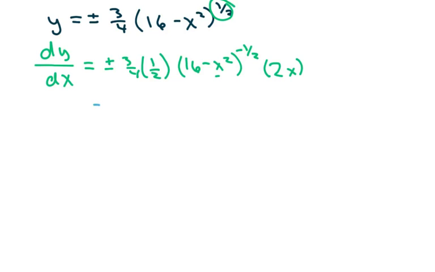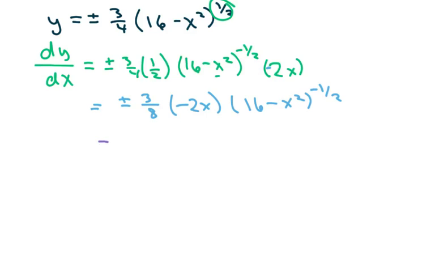Now, cleaning this up, we're going to get plus or minus 3/8. This would be negative 2 times negative 2x. And then this would be the same, 16 minus x squared to the negative 1/2.